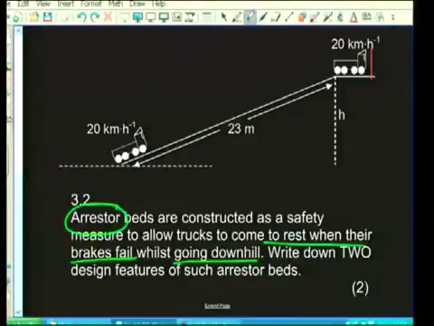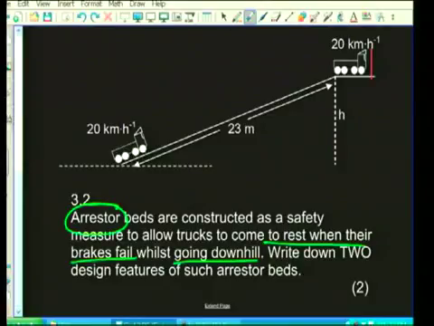Now, what if you get to this question and you go, I don't know what an arrestor bed is? Guys, look at the hints in the question. It's a safety measure that allows trucks to come to rest when their brakes fail. So in other words, it's something built into the road that a truck driver can drive into that will help him stop if his brakes can't.